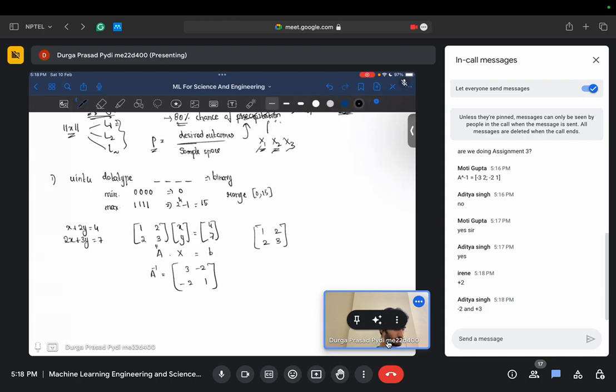Isn't it something like this? Minus minus 1, so we have minus plus plus minus. It should be something like this, right? Yeah. Minus 3, 2, 2 and minus 1.